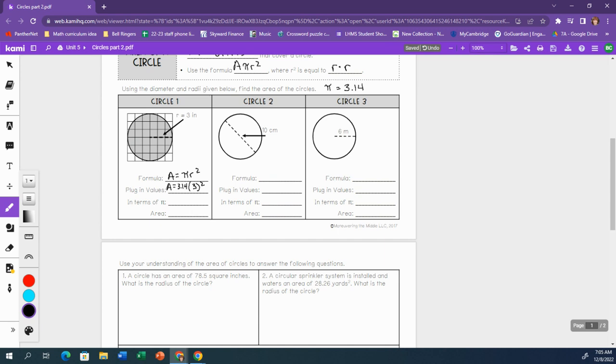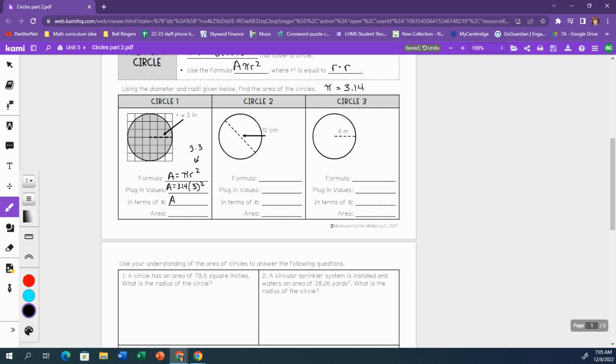Now that's just saying 3 times 3. That's all that 3 squared is. We're not saying 3 times 2. We are saying 3 two times. 3 times 3. So that's going to be 9.